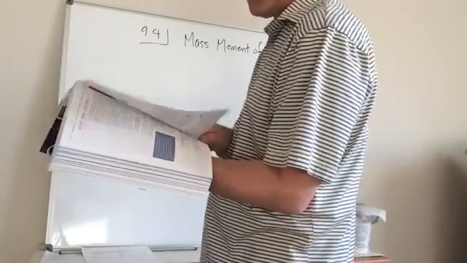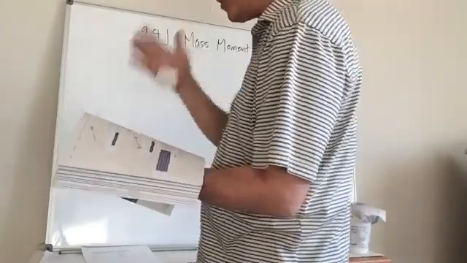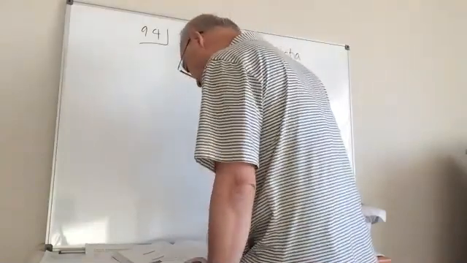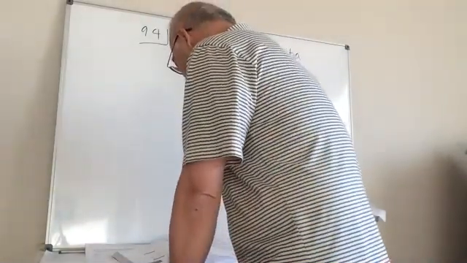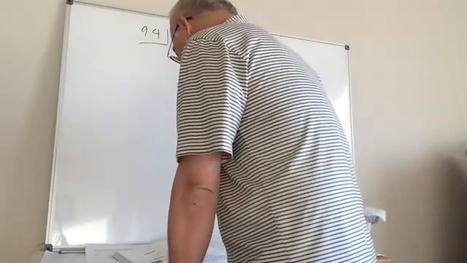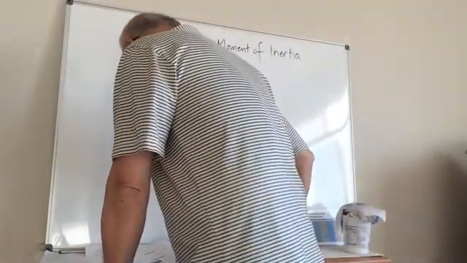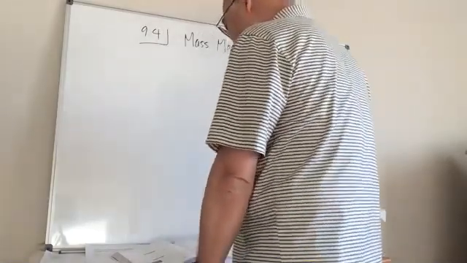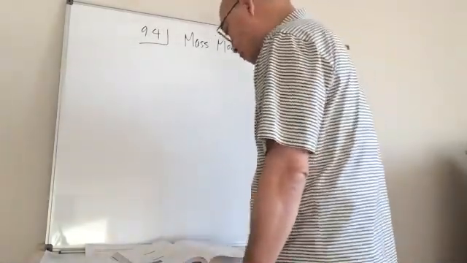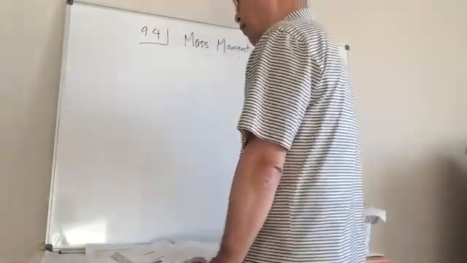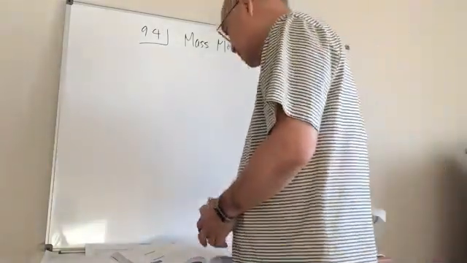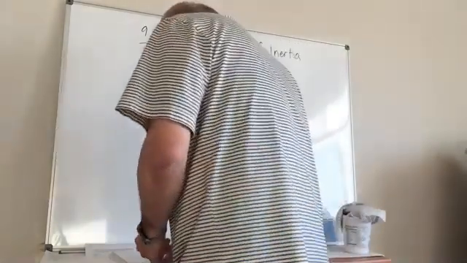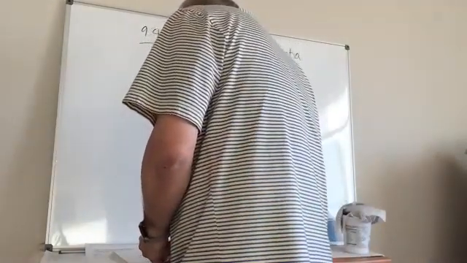If you flip the page, it gives you figure 9.2, 9.3, and it shows you what the moment of inertia is. If you have an object, looks like a spherical object there, with a mass m, r away from the z-axis, so this is a point mass.